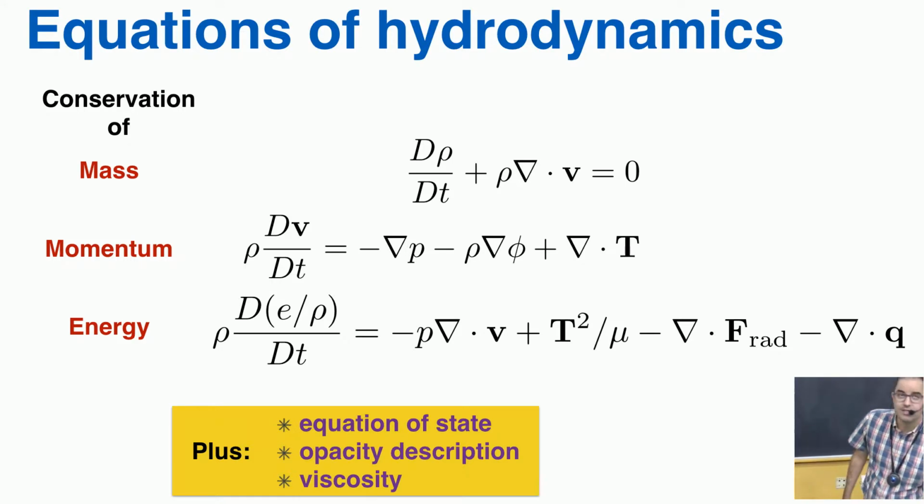And when you have this, oh, by the way, the second equation is what we call the Navier-Stokes equation. It is probably the most important equation in hydrodynamics. It's one of the outstanding open problems in modern mathematics, okay?